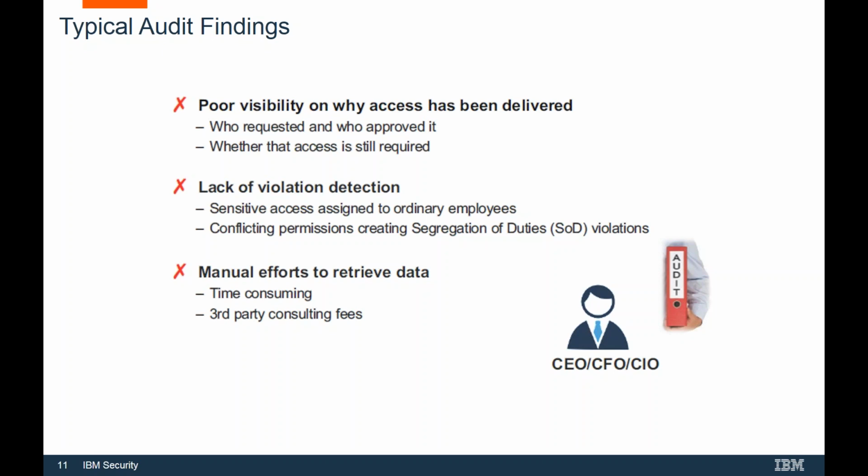Separation of duties, segregation of duty controls. We have a challenge with that, so we're looking for solutions. And we have manual efforts to retrieve and validate and to do attestation campaigns and certification campaigns. Without the tools that are scoped particularly for that solution, we find ourselves working very diligently, very manually, to acquire evidence that we are meeting those mandate requirements.